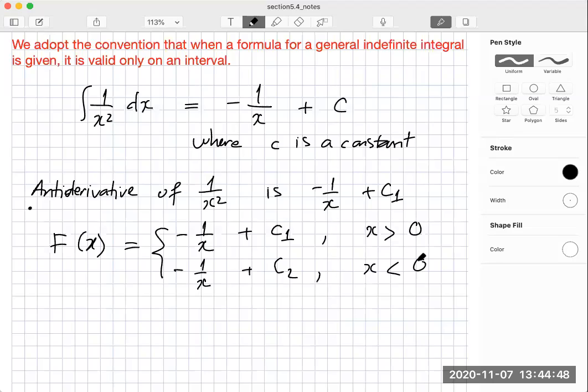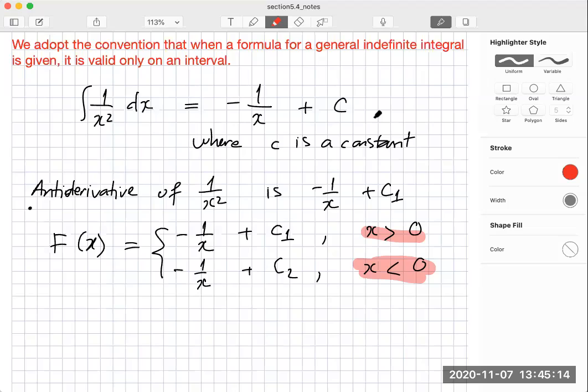That is the general form. We need to consider two cases when x is positive or negative. But if we take the indefinite integral convention, okay, this is valid on an interval. That's it.